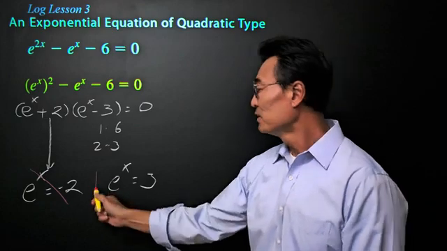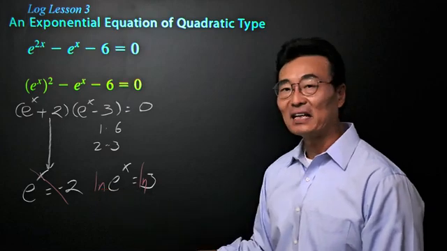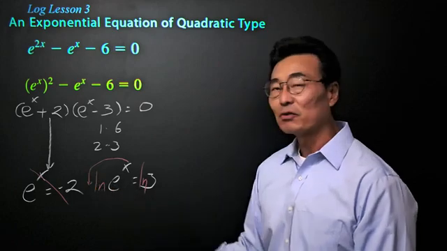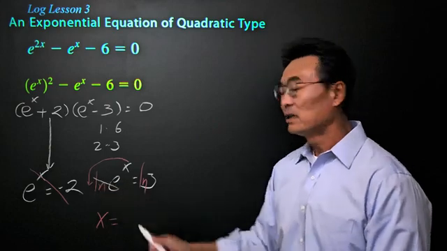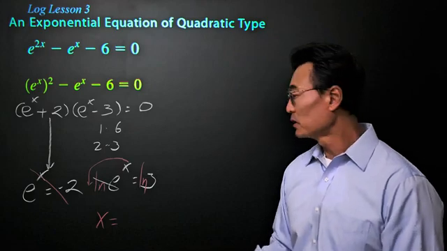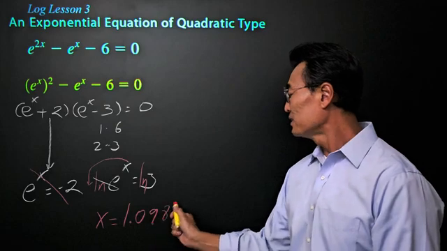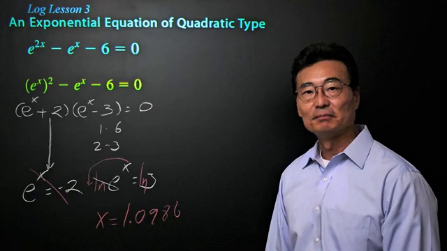To solve for x, we could take the natural log of the left and the right side, because natural log and the e will cancel each other out, where we take the x and put it out in the front. So we get x equals, again, natural log and the e cancel each other out. And then if you take the natural log of 3 on the calculator, we get 1.0986, again rounded off to 4 decimal places.